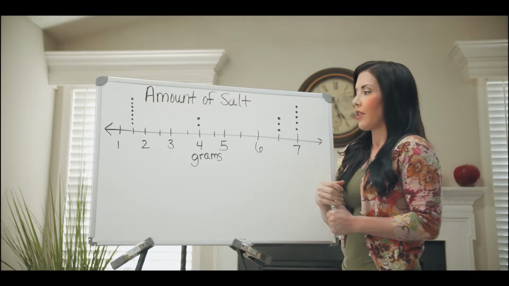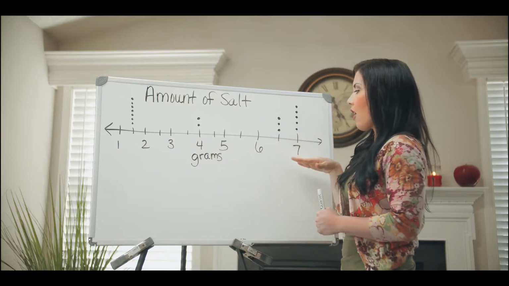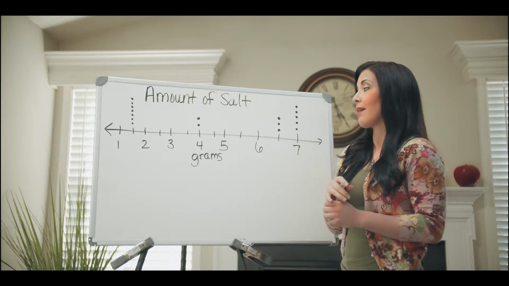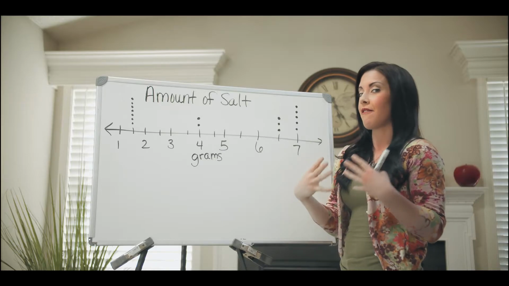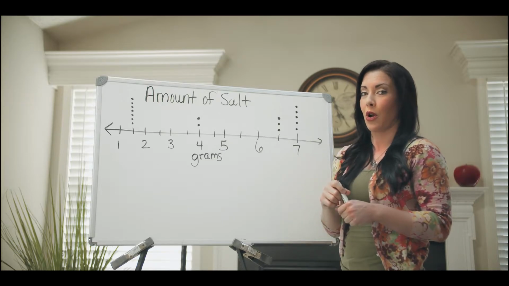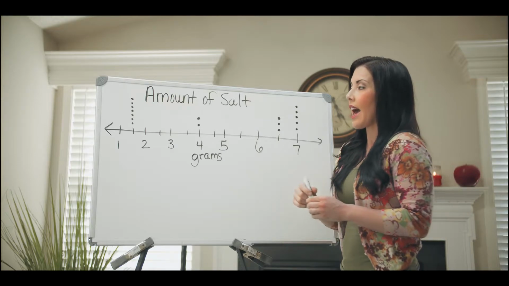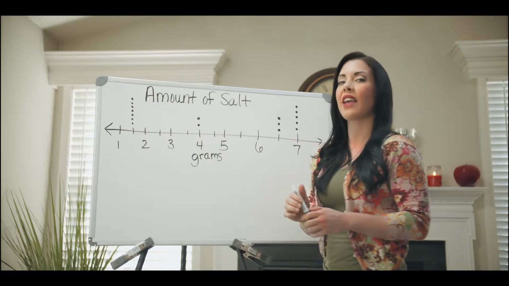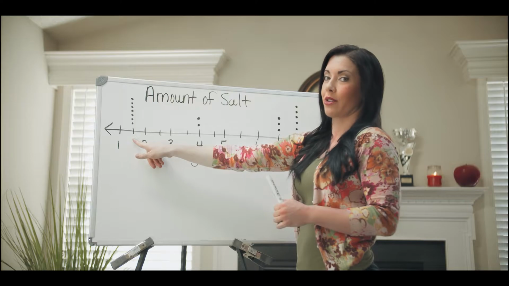What you'll also notice is that I have grams measured from 1 all the way to 7, okay? You'll also notice this time that not all of my points are labeled, and we have to do some figuring out of what those measurements are, okay? So first things first, I have 1, 2, 3, 4, 5, 6, 7 dots, but notice this is not marked, okay?